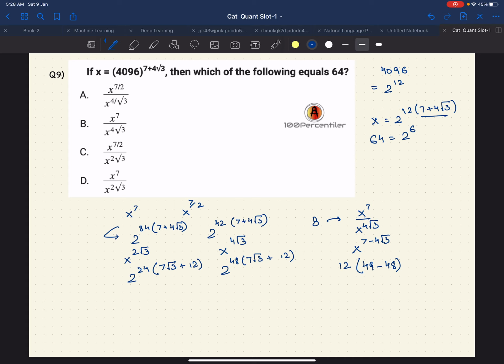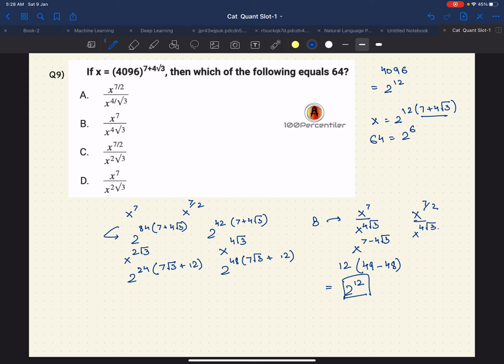And we are obviously left with 12. So this will become 2 raised to power 12. But we need 2 raised to power 6, and therefore we just want to do x raised to power 7 upon 2 upon x raised to power 4 root 3.